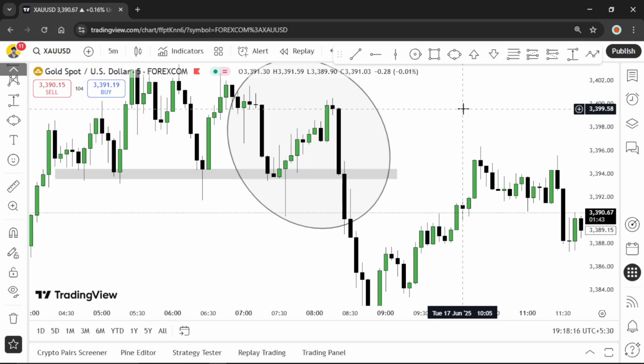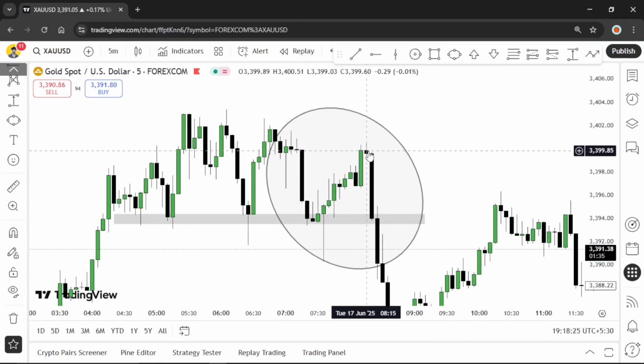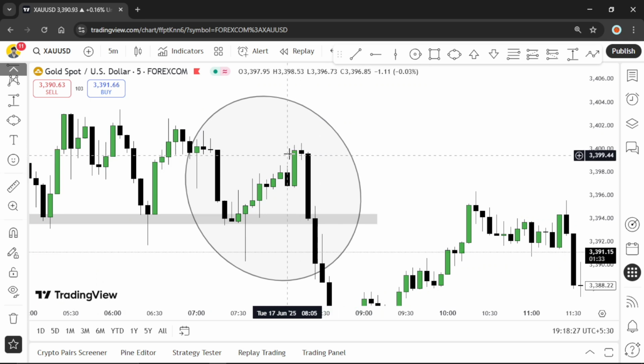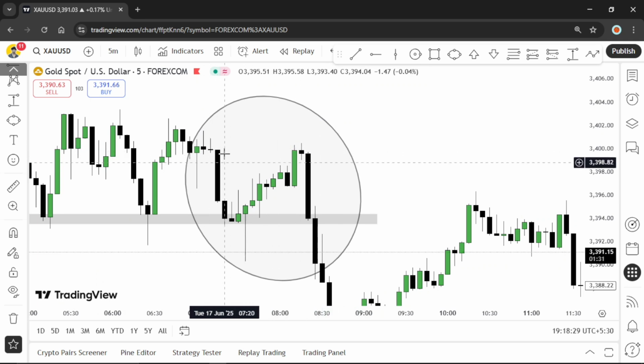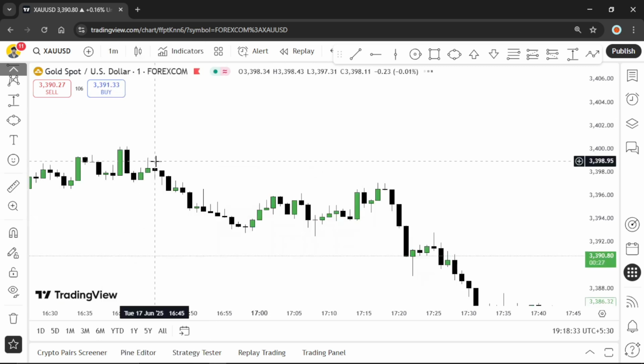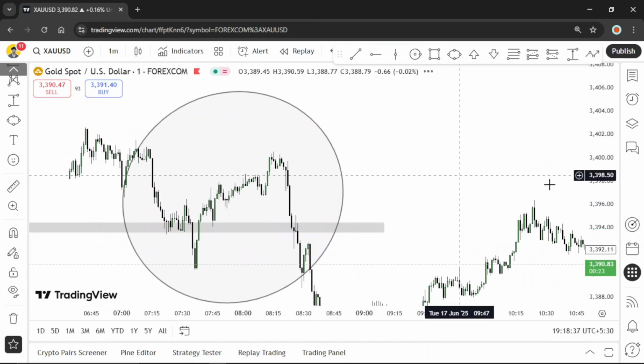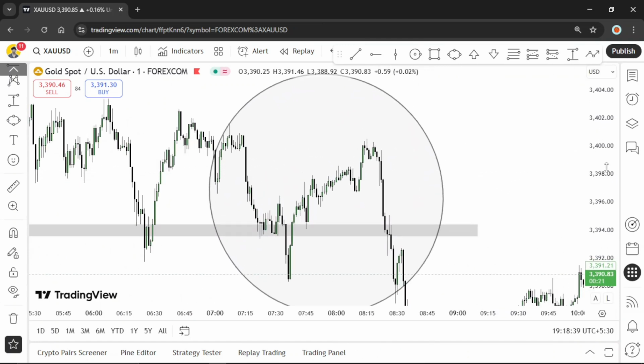They come with small money into the market. This small money is taken by the market, and the market pushes from this side. This is the same place as the first entry of the institutional players.